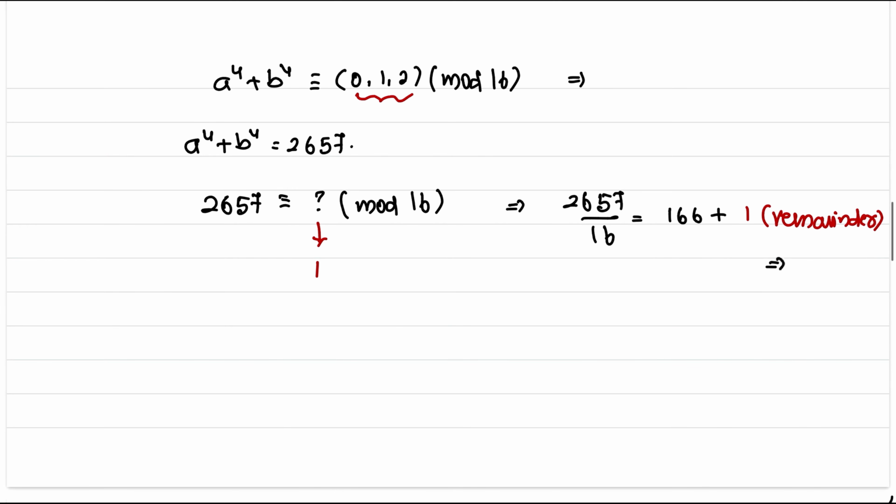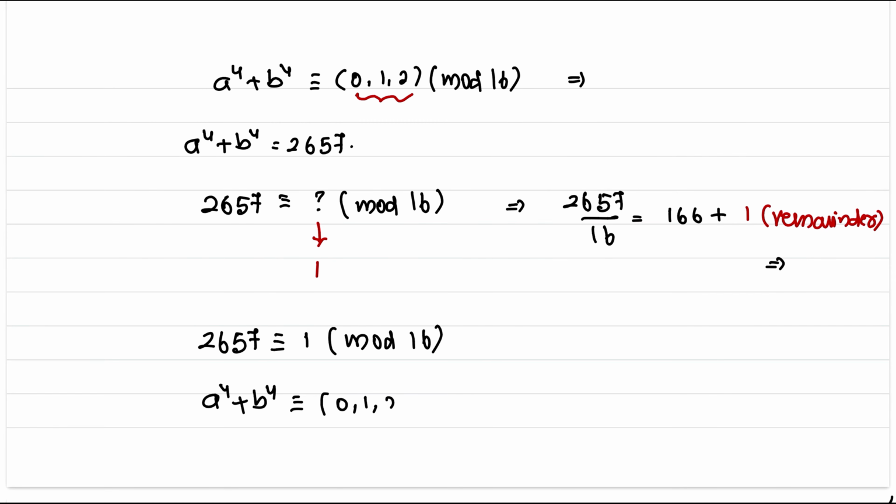That implies 2657 is equivalent to 1 mod 16. And a to the power of 4 plus b to the power of 4 is equivalent to 0, 1, 2 mod 16. From these two also, we can say a solution exists.